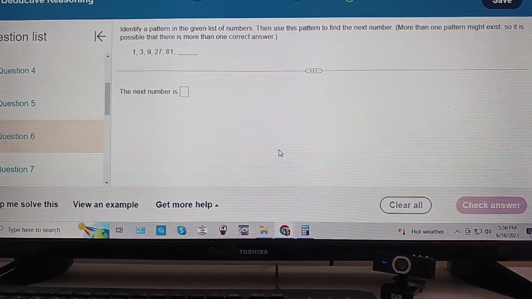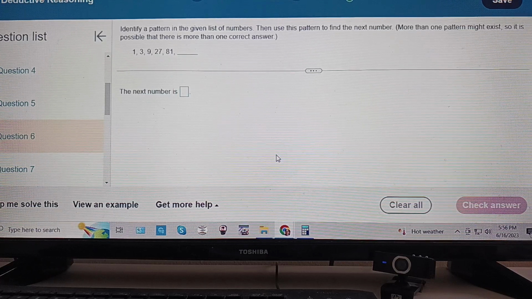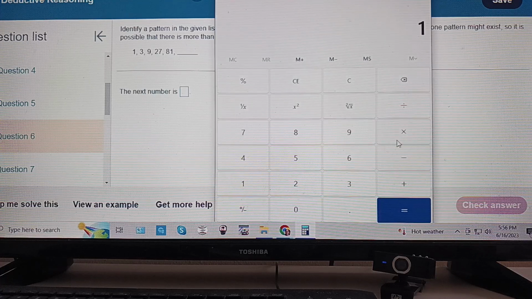Now 1 times 3 is 3. Times 3 is 9. Times 3 is 27. Times 3 is 81. So times 3, the next one will be 243.